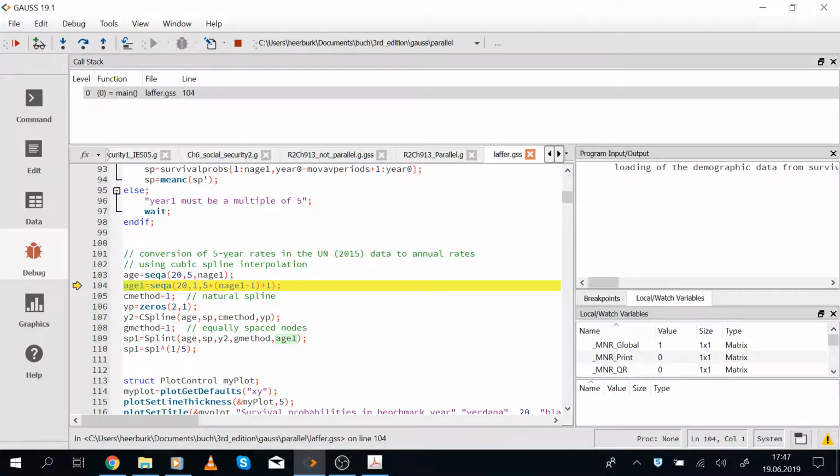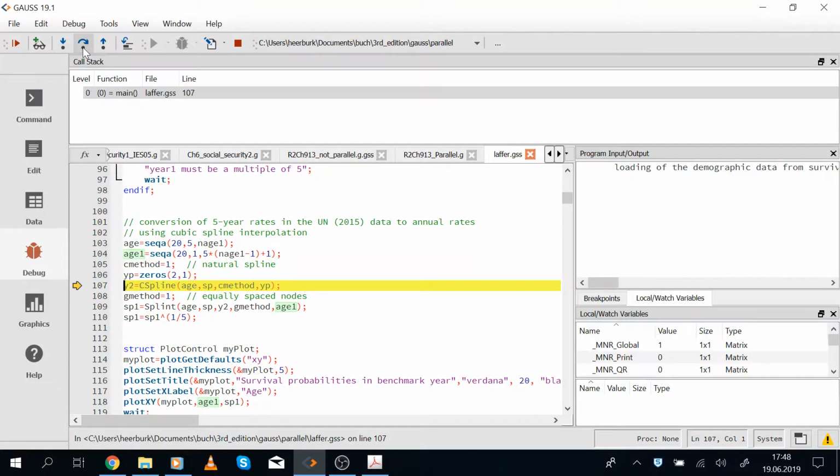For those of you who do not know cubic spline interpolation, I would like to ask you to read the specific chapter in any good numerical mathematics book. I recommend the book by Ken Judd on computational economics from the year 1998, where you can find this procedure. If you do not want to get into the details, just ignore it.